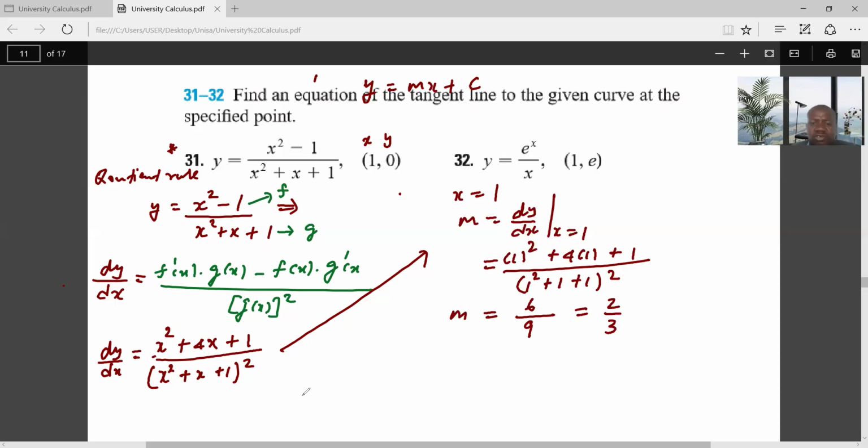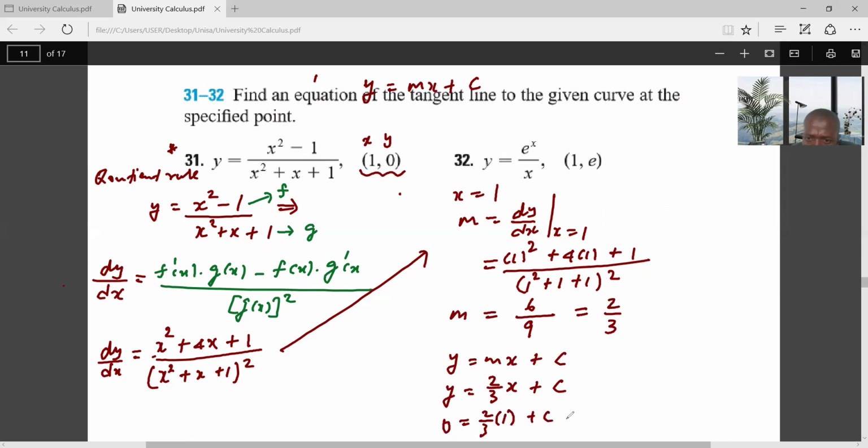And since the gradient is 2 over 3, the equation is y equals mx plus c. What is the m? The m is 2 over 3, so 2 over 3x plus c. We have to get the c. And to get the c, we use that point because we know the value of x and y. The y value is 0. The x value is 1.